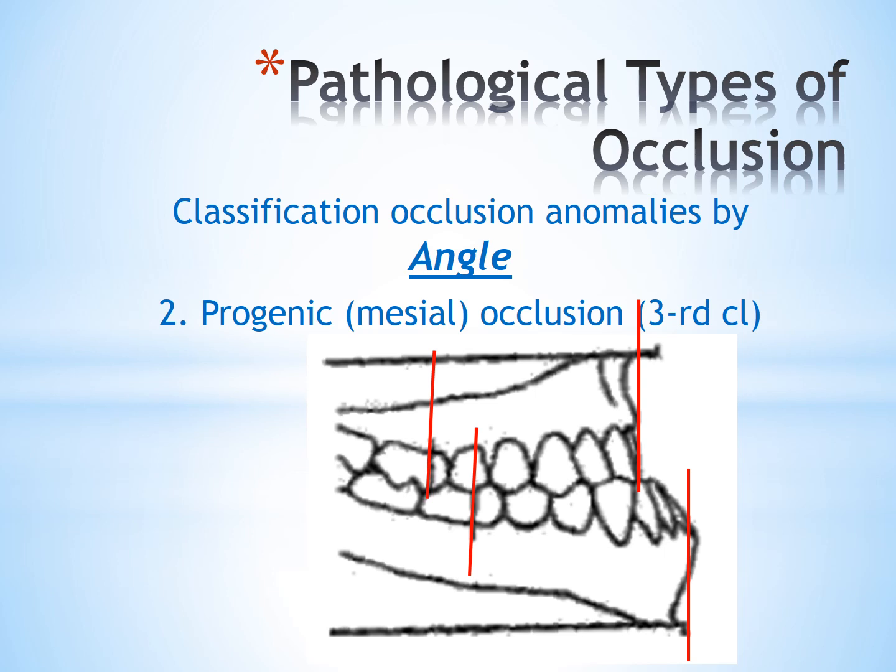But the main disadvantage of the Angle classification is that it describes all pathology only in the sagittal plane, but does not describe pathology in the transverse or vertical plane.